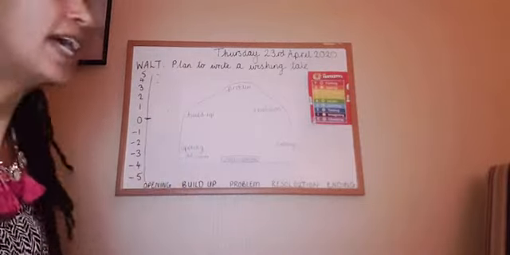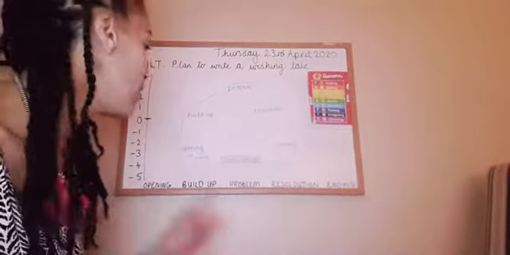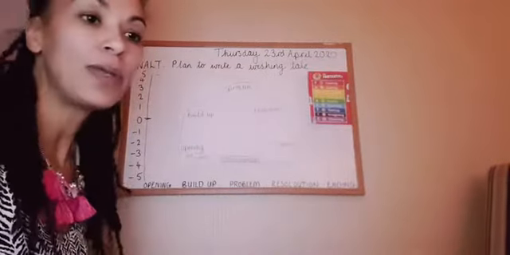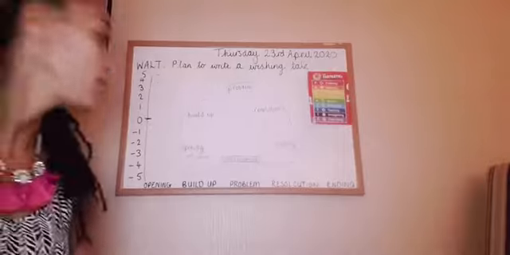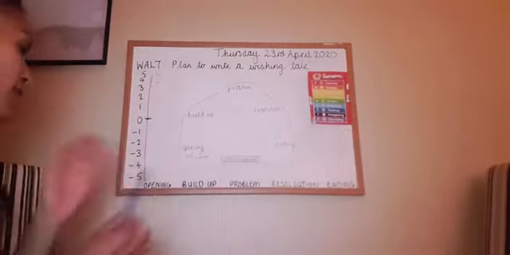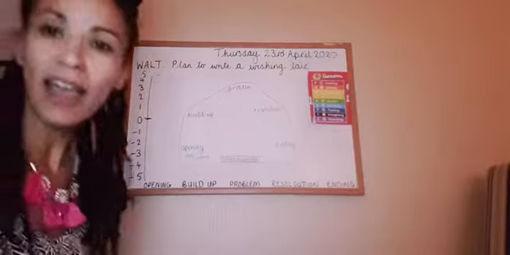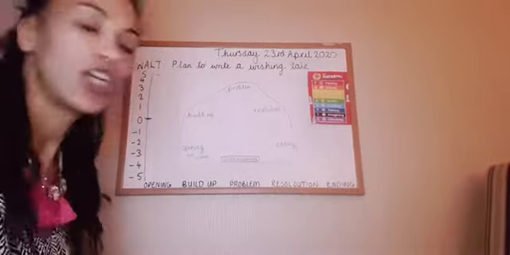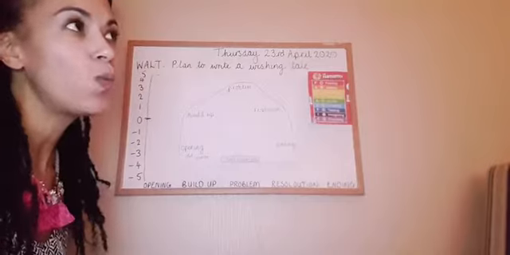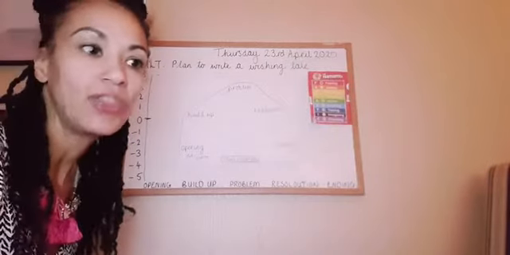I've already made a start here, as you can see. In my opening, I've already chosen my character, and my character is going to be an old woman. I think this old woman could live somewhere by the sea.